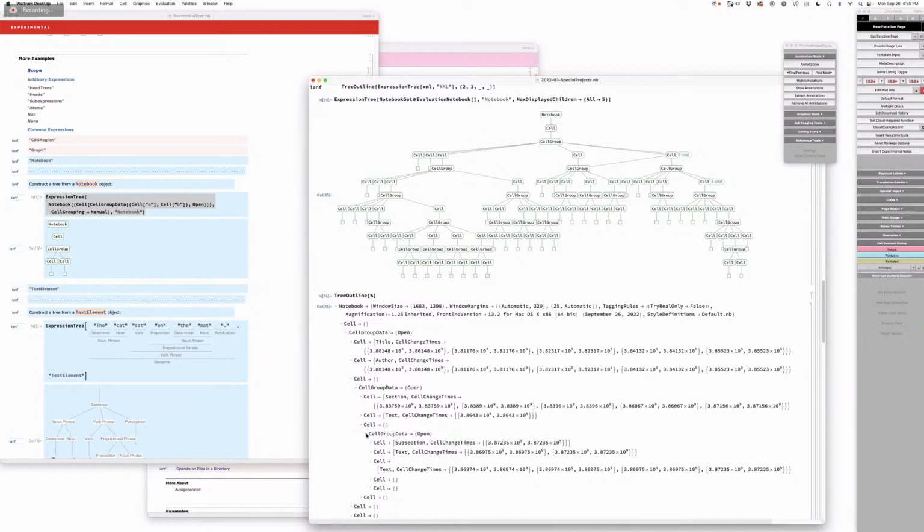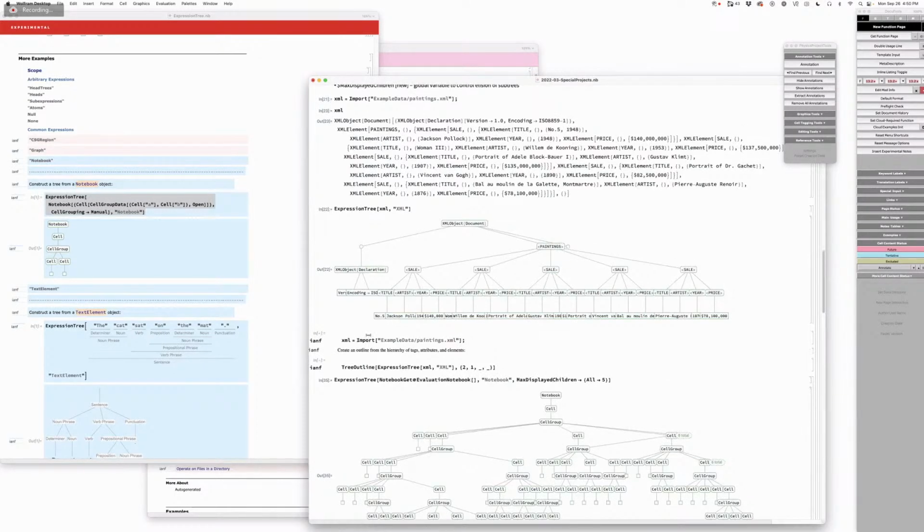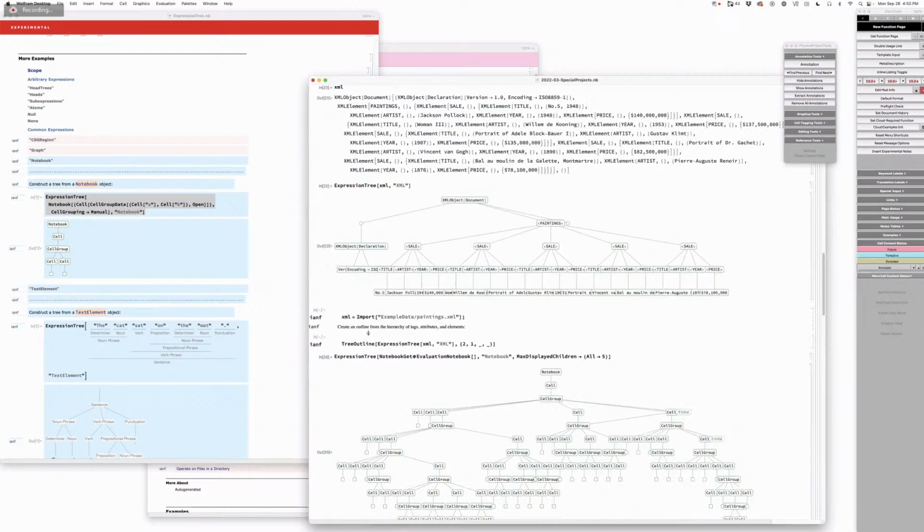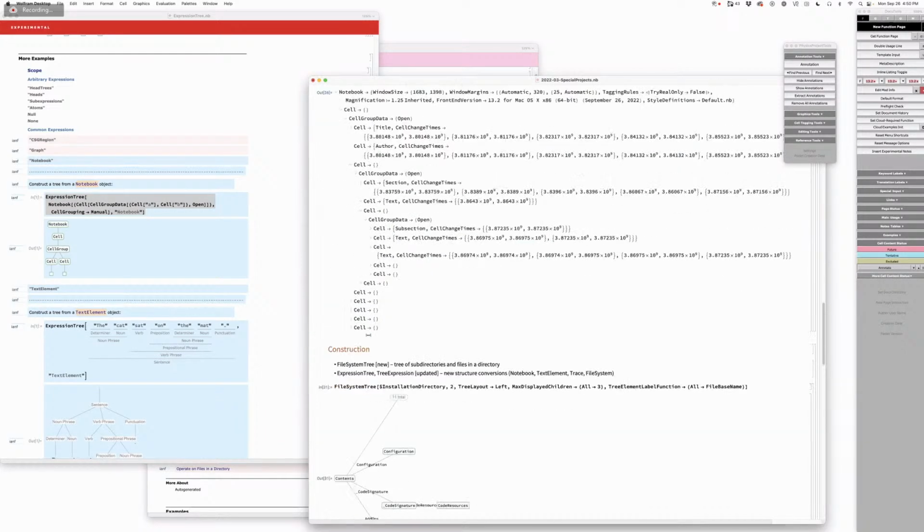The fact that it says cell is pretty damn confusing. It's the same problem as with XML element. Cell and notebook represent entire trees. So this is trying to represent just the data at a particular node.